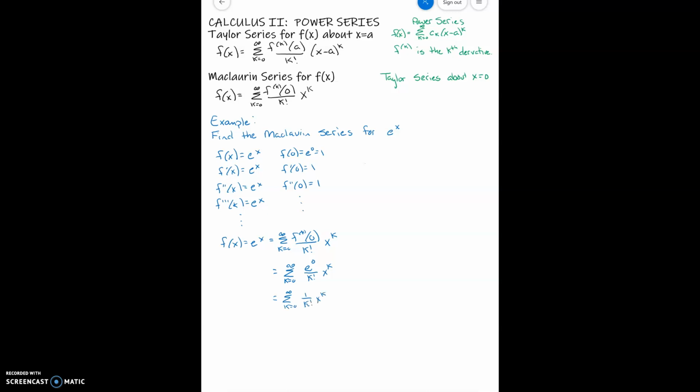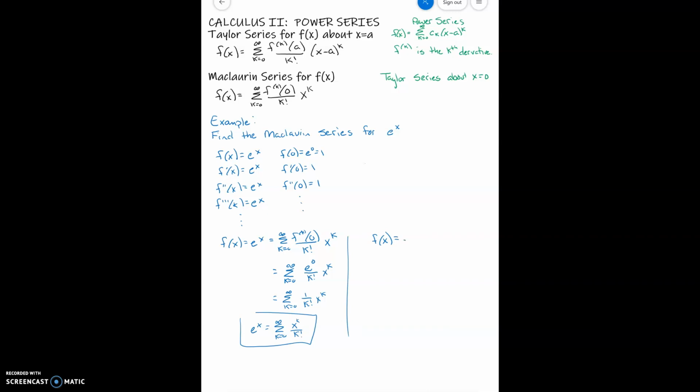So we end up with e to the x is simply the sum as k goes from 0 to infinity of x to the k over k factorial. Not so bad.